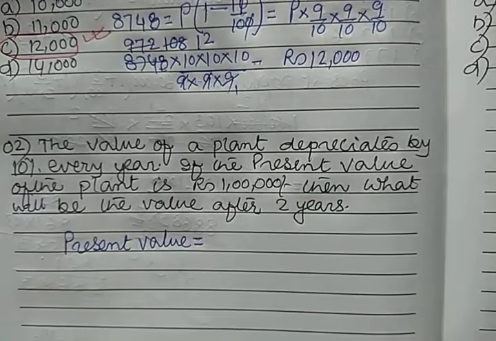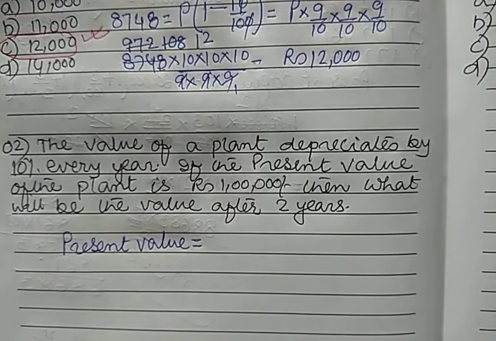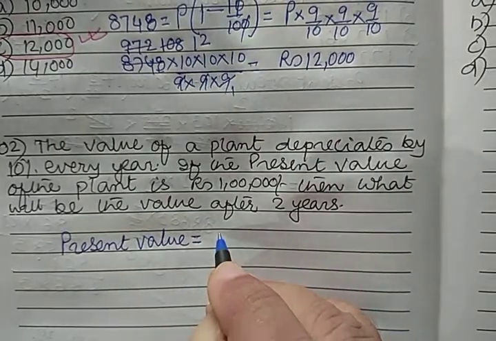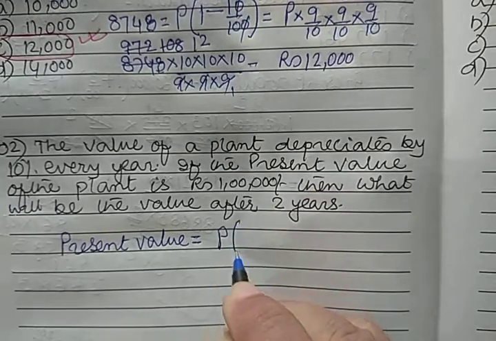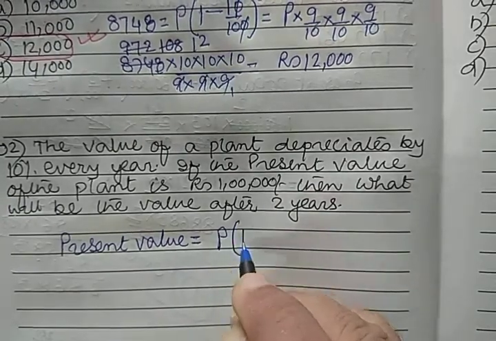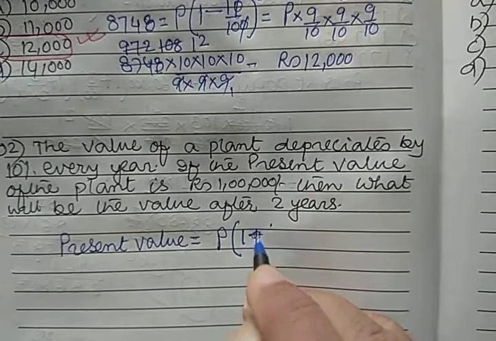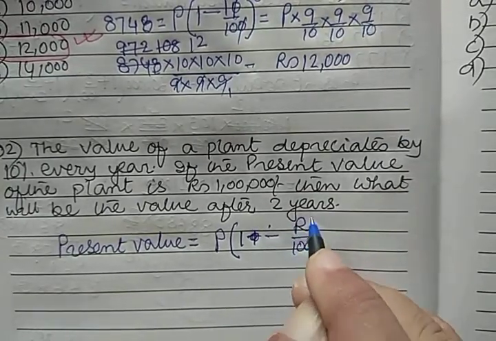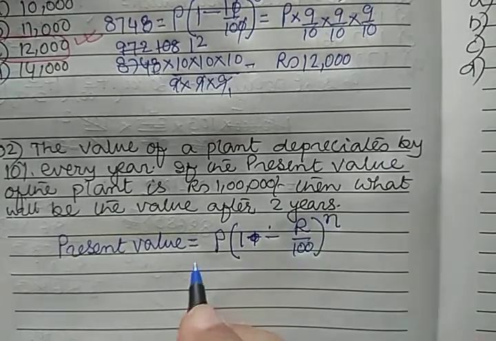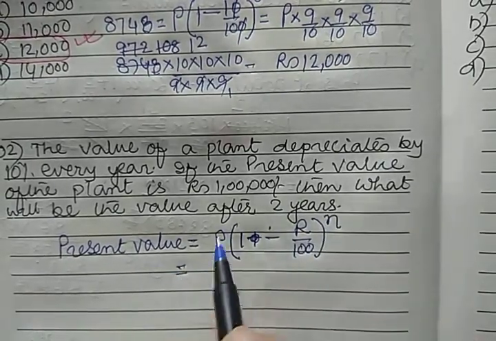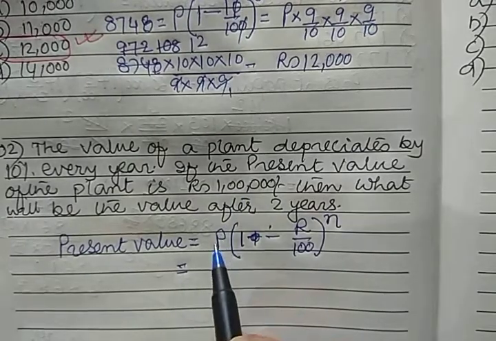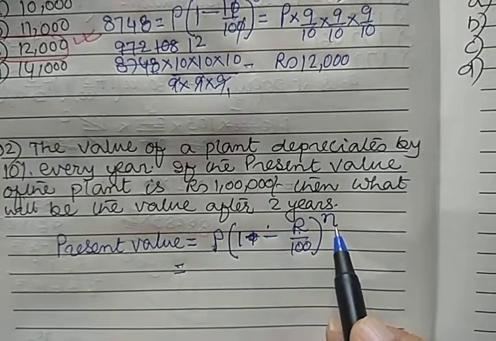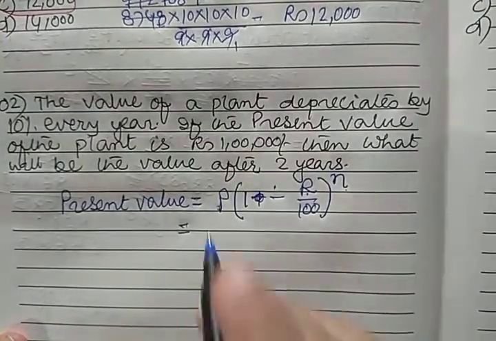So, present value is equal to P, the cost of that plant, into 1 minus R by 100 to the power of N. You know P, it is 1 lakh rupees. You know R is 10%. You know N is 2.